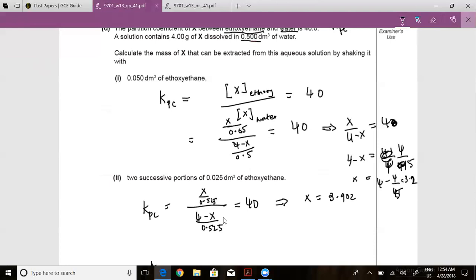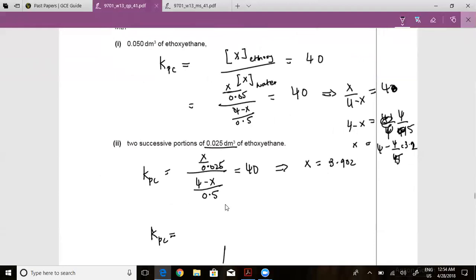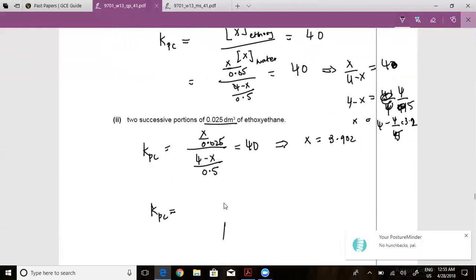ठीक है 3.2. दोबारा बता दूं कि रीजन क्या है. This is x/0.025 इसके अंदर है, ठीक है, और 0.5 इसका है, ठीक है. कॉन्सेंट्रेशन व्हाट डू यू गेट Esan. Solve again.